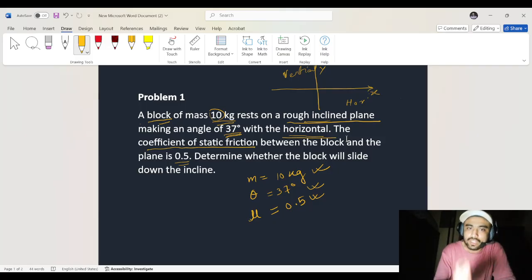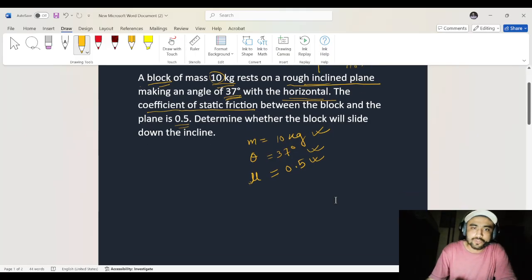You must draw the free body diagram. Without drawing the free body diagram, even Newton, Einstein or Richard Feynman cannot solve a complicated classical mechanics problem. So it is a must.